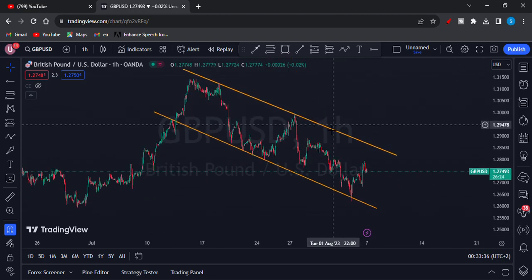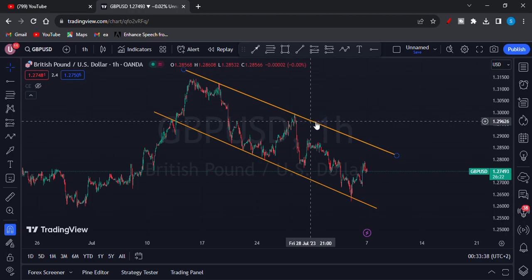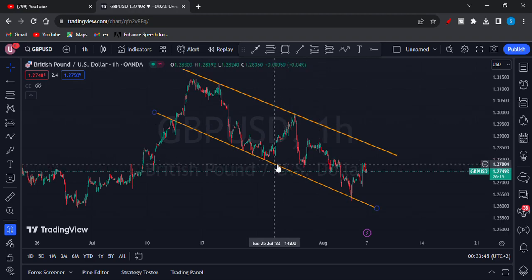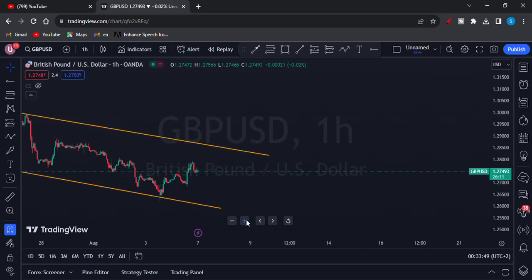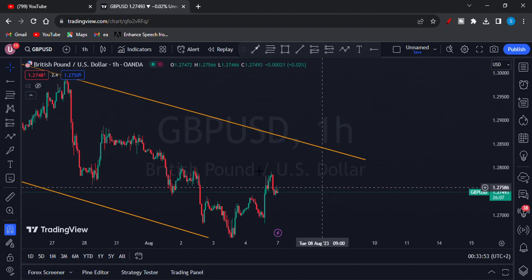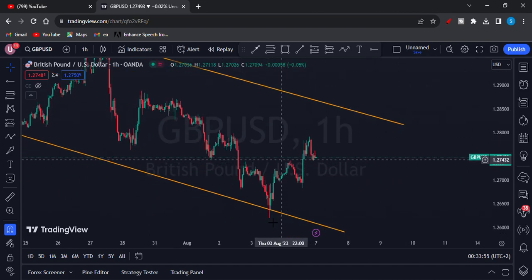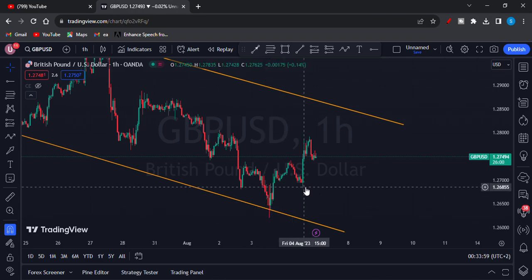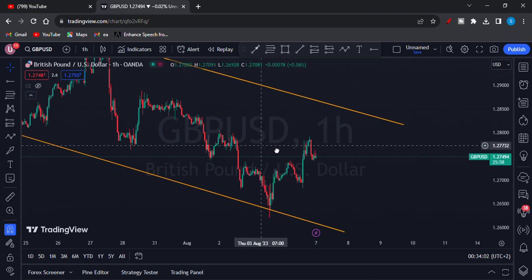I'm having this trend line as my resistance, this trend line is my support. And inside this channel we have left shoulder, head, then right shoulder. So we have an inverse head and shoulders.